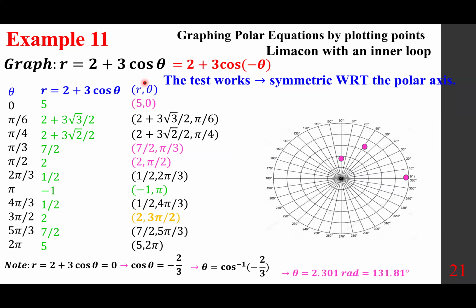It makes no difference. However, why am I mentioning this? At some point, it has to go back to that 0. It happened to be at this angle, 131.81 degrees roughly. So somewhere between these two, here, it goes back to 0. Okay.